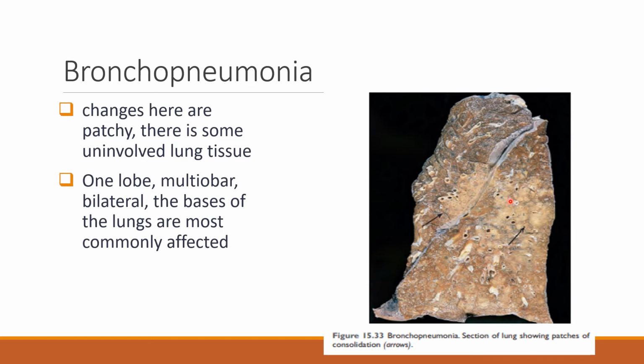So these are the patchy areas of consolidation, and one lobe is involved, but there is more frequent involvement of multiple lobes. So multilobar, bilateral involvement, and the bases of the lungs are most commonly infected because of the tendency of the secretions to gravitate to the basal regions.